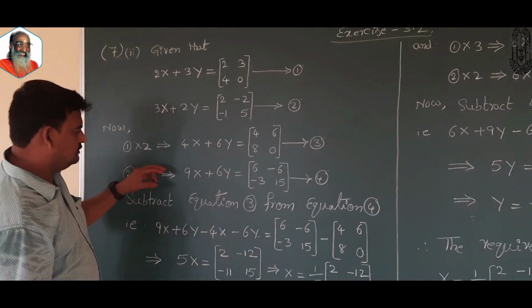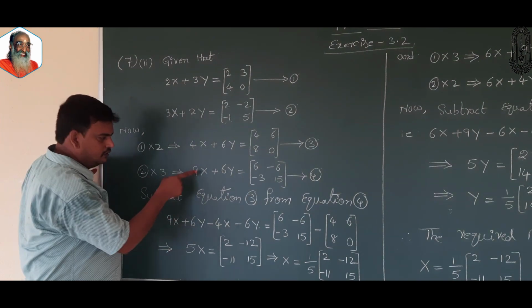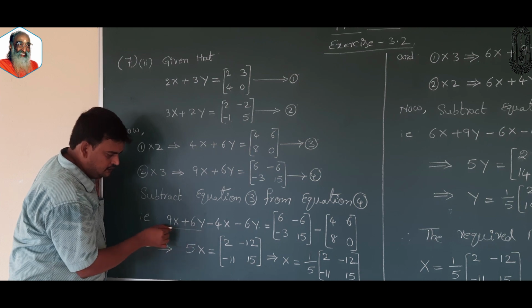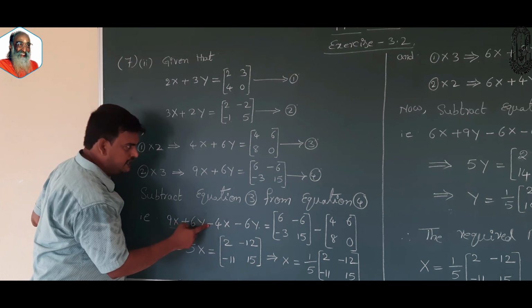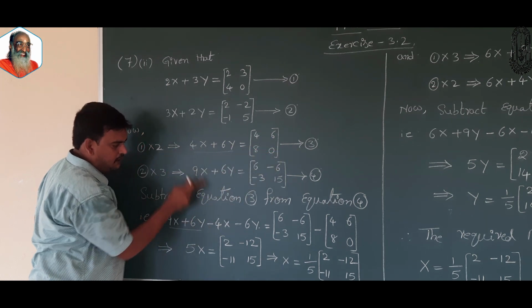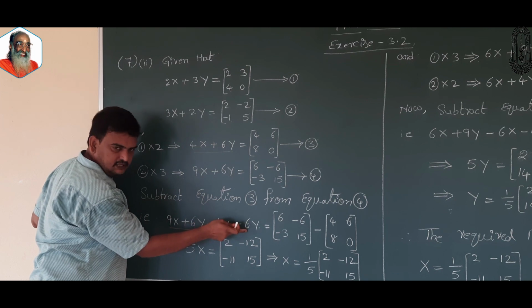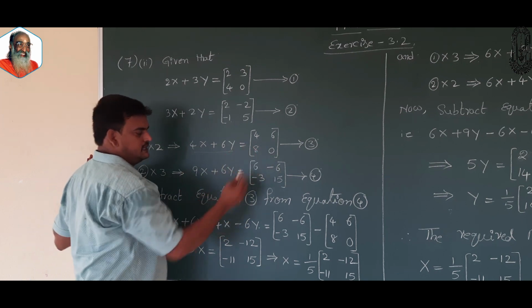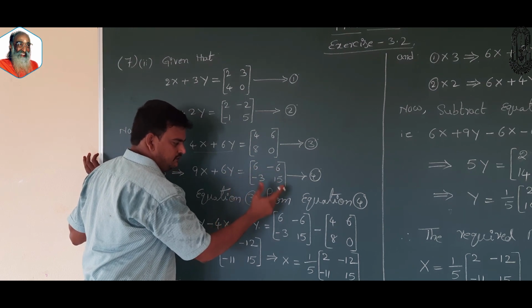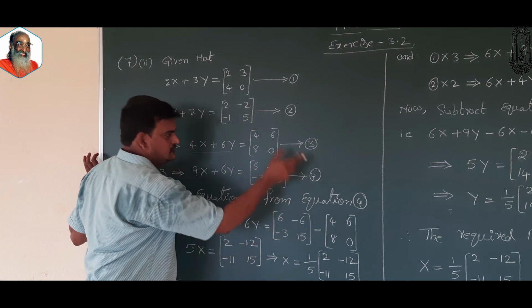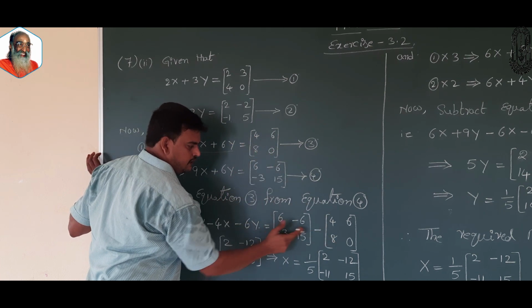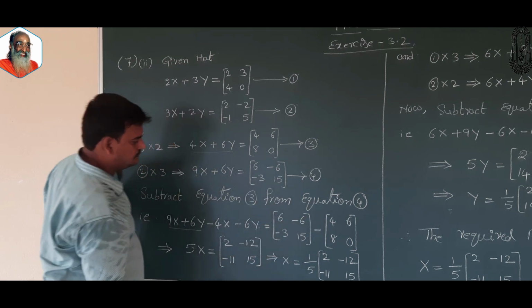On the left-hand side of equation 4 we have 9X plus 6Y, minus the left-hand side of equation 3, which is 4X plus 6Y. On the right-hand side, we have the square matrix [6, -6; -3, 15], minus the square matrix [4, 6; 8, 0]. So we are subtracting these two matrices.